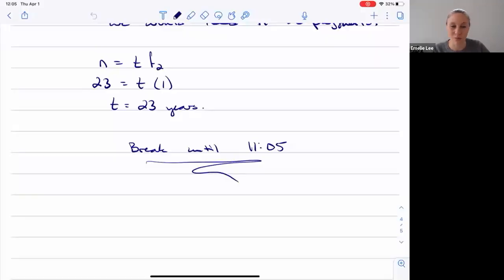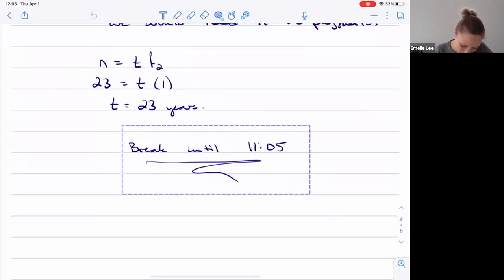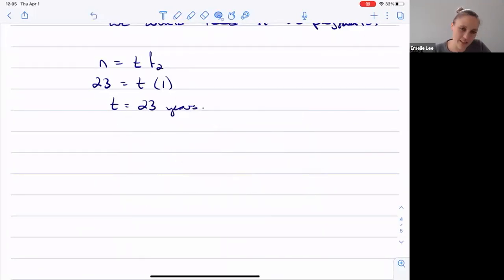Stretch your legs. The moment you've all been waiting for. How can I use my calculator? We've got these fancy calculators, let's use them. So just a quick recap: we've already used our calculator to do some compound interest problems.